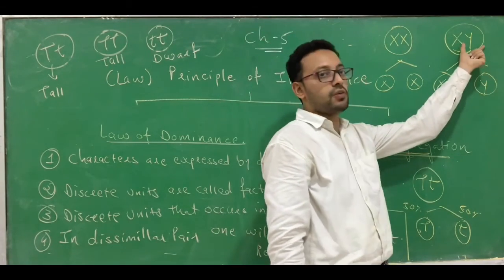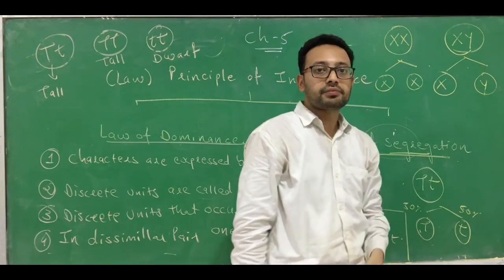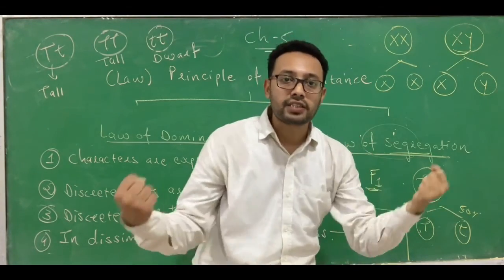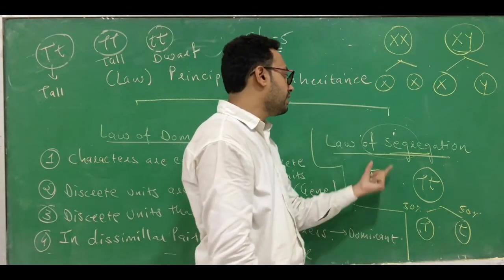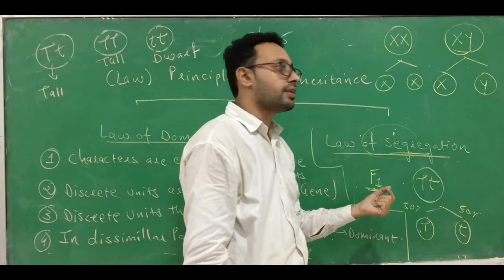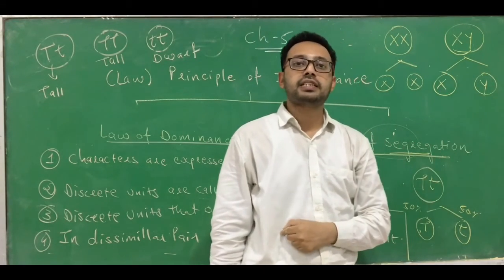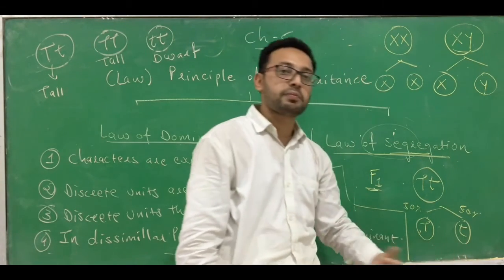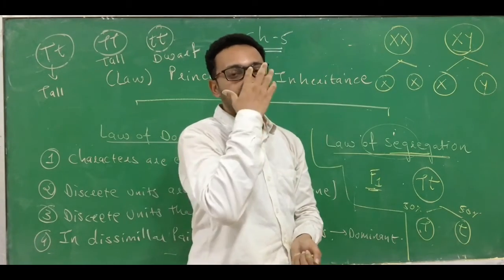That means when two different alleles are together, they don't get mixed or blended, they remain segregated. This is called the law of segregation. And 50% of gametes contain one, another 50% of gametes contain the other.